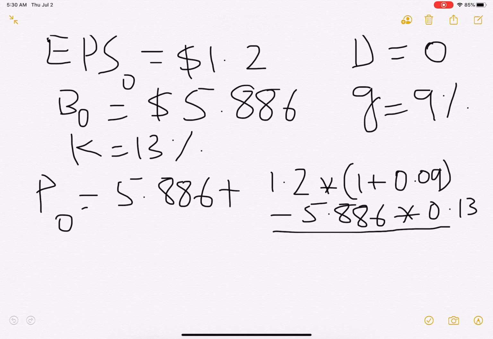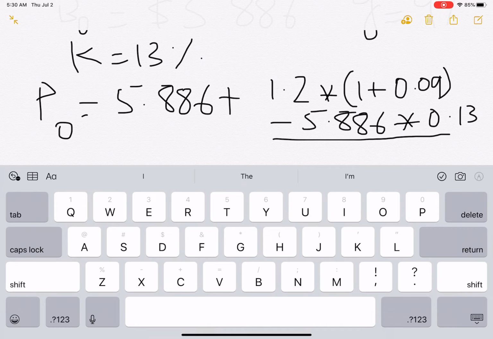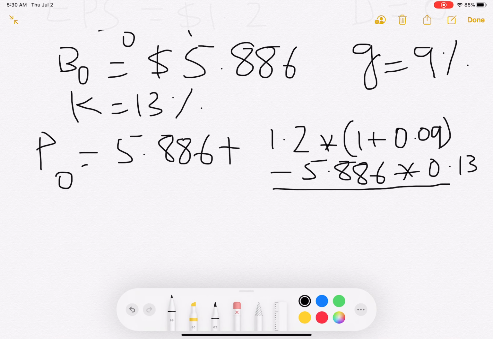So K minus G is 0.13, the required rate of return, minus G, 0.09, right?